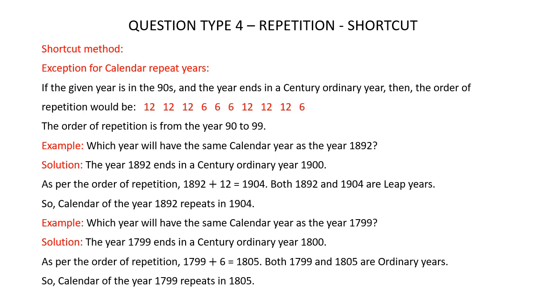Now, as per the order of repetition for the year 99, you have to add 6 to get the repeat year. So, 1799 plus 6 would be 1805. Now, both the given year 1799 and 1805 are ordinary years. So, calendar of the year 1799 repeats in 1805.